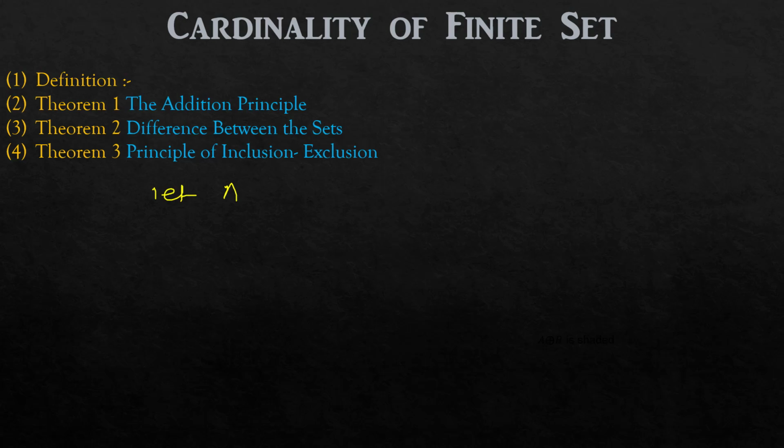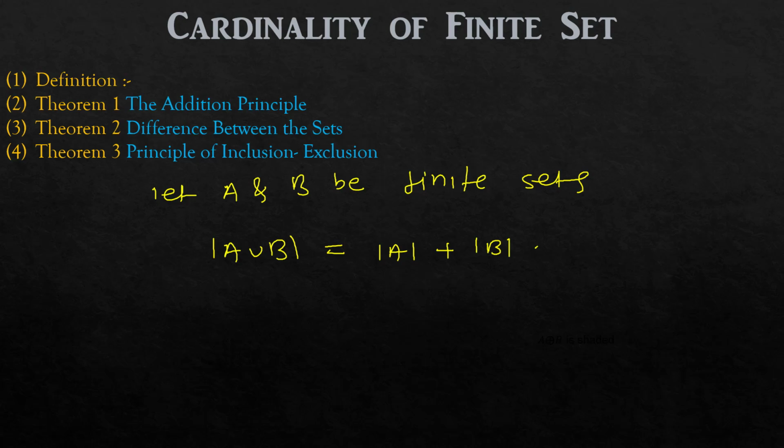Let A and B be finite sets, then n(A union B) is equal to n(A) plus n(B) minus n(A intersection B). Now look, if we compare the addition principle and the principle of inclusion exclusion, here the intersection is available. For the addition principle, the intersection will be the empty set, meaning n(A intersection B) will be 0. So this is the basic difference between the addition principle and the principle of inclusion exclusion.